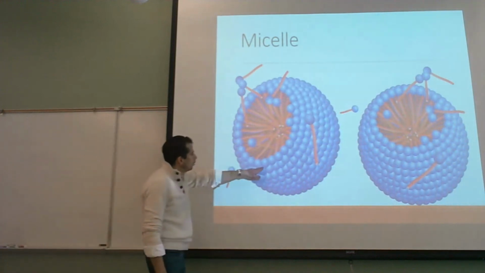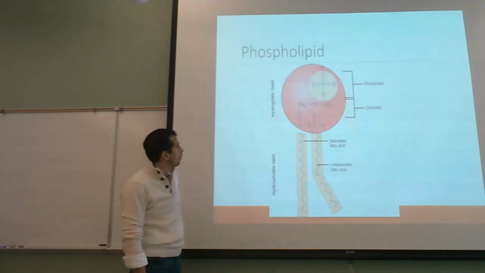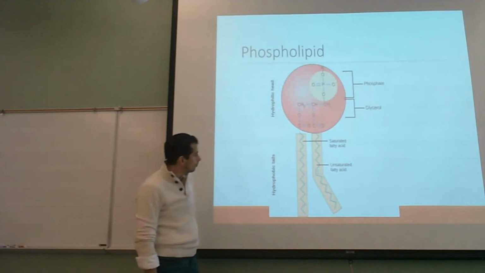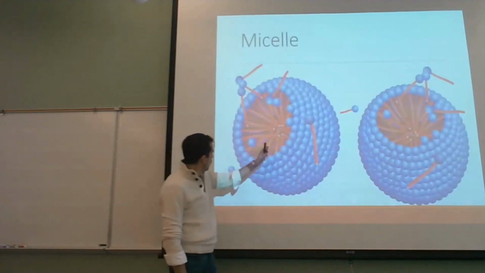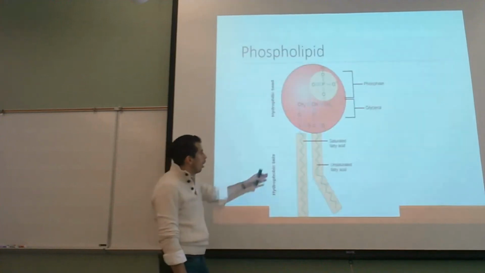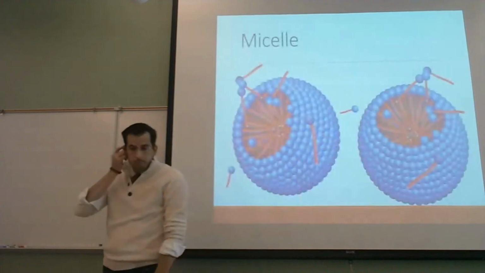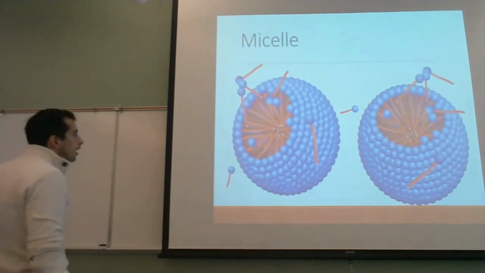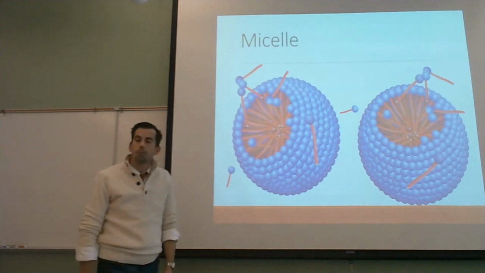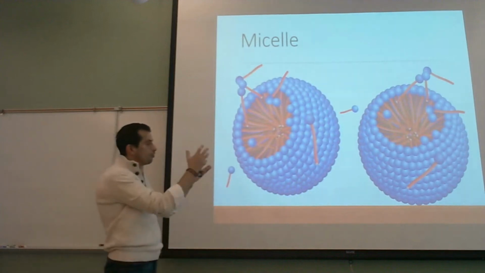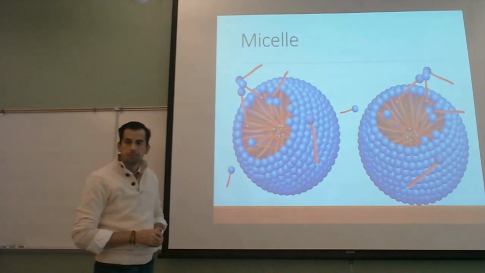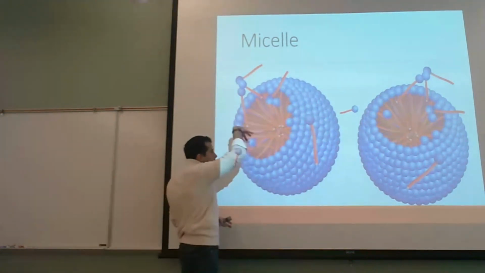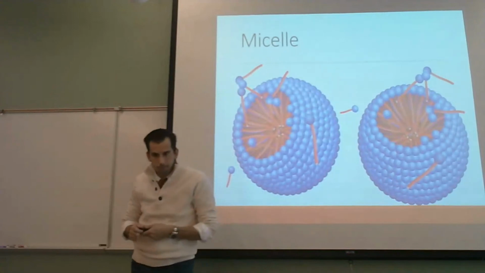The blue is representative of our hydrophilic head, phosphate head. The red strands are representative of our fatty acid tails. Look at this little ingenious way it makes itself happy in a watery environment. It forms this sphere. And it takes all of its hydrophobic fatty acid tails and points them internally.